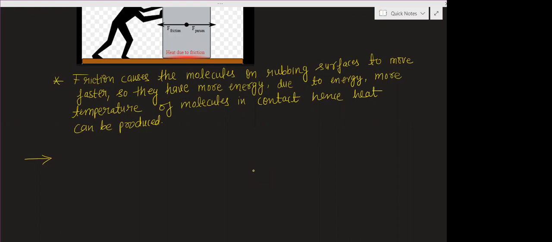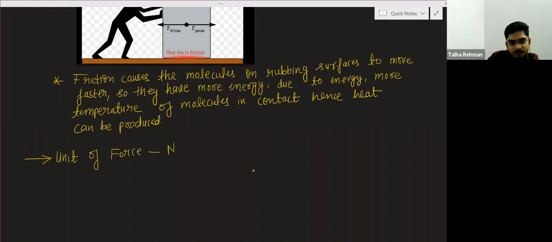So the unit of force we will take is Newton. This is the SI unit. SI unit means International System of Units. So basically you should know that the SI unit of force is Newton.